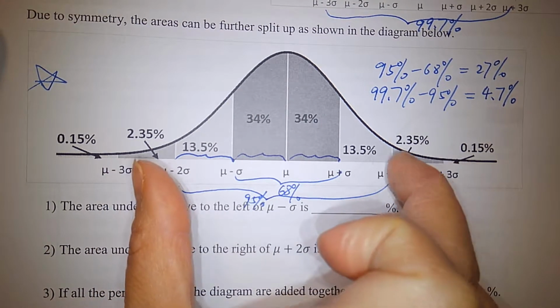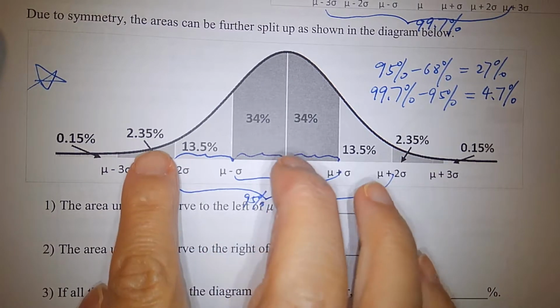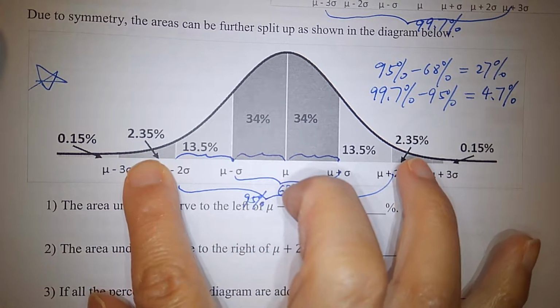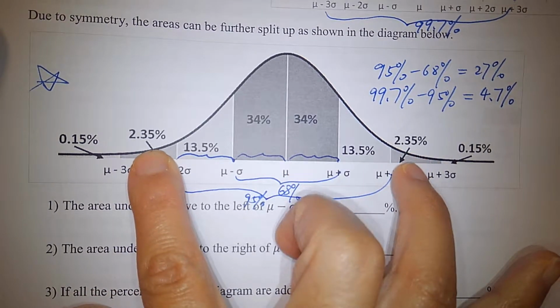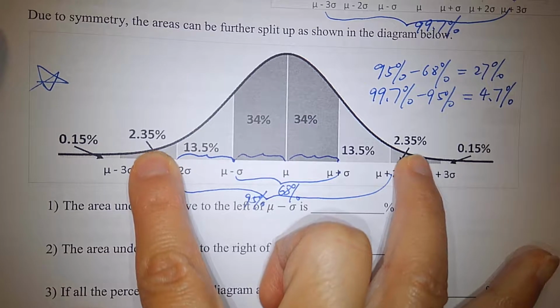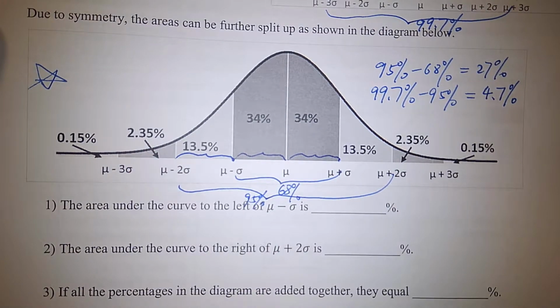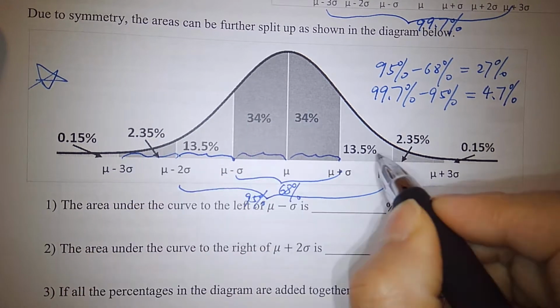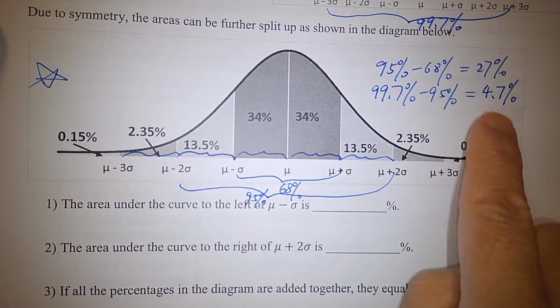99.7, 95. So on this interval and this interval, in total, the percentage is what? 4.7%.